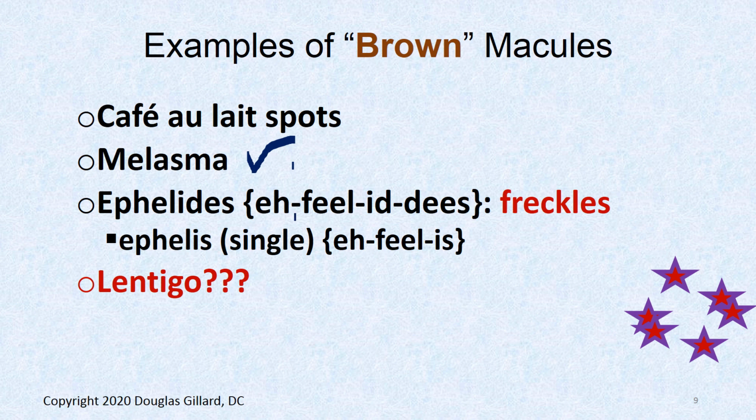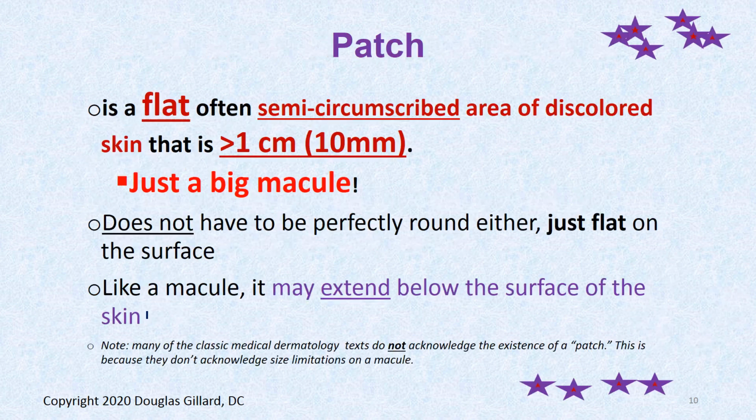Freckles are also known as ephelides. Ephelides are freckles, or ephelis is a single freckle that you're talking about. Lentigo is another example. That is so common. We need to talk about that. We'll fall down a little rabbit hole here in a second.